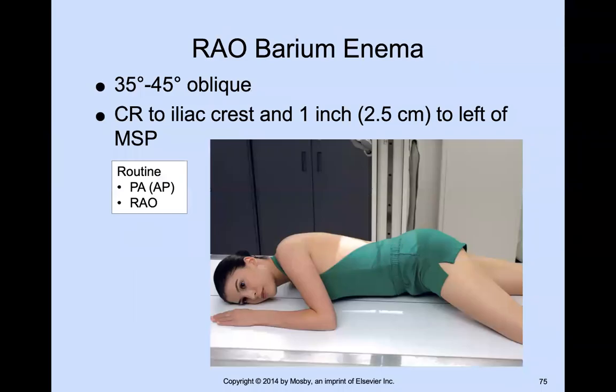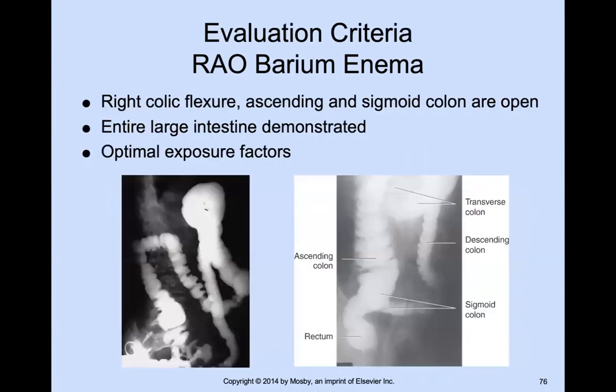For the RAO, we are going to rotate our patient 35 to 45 degrees. We're going to center at the iliac crest and then 1 inch to the left of the mid-sagittal plane. Now, this is what's important to note. The anterior obliques are a direct relationship, so I would probably remember it through the AOs first.